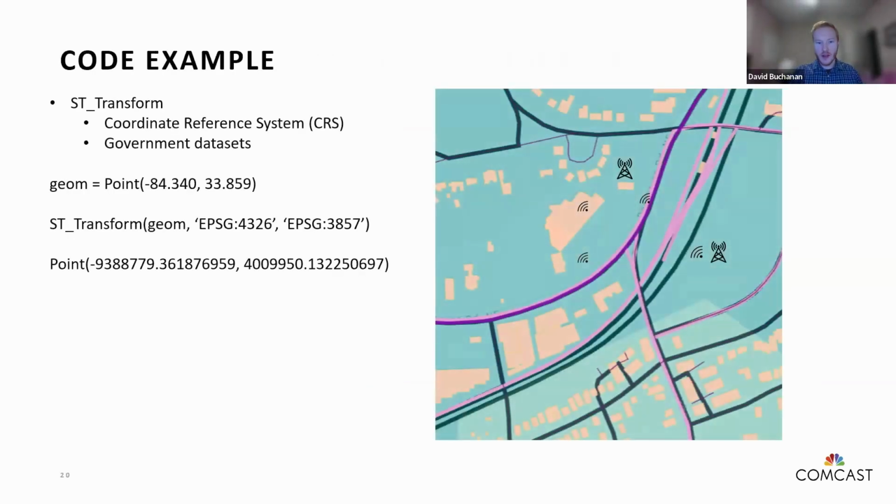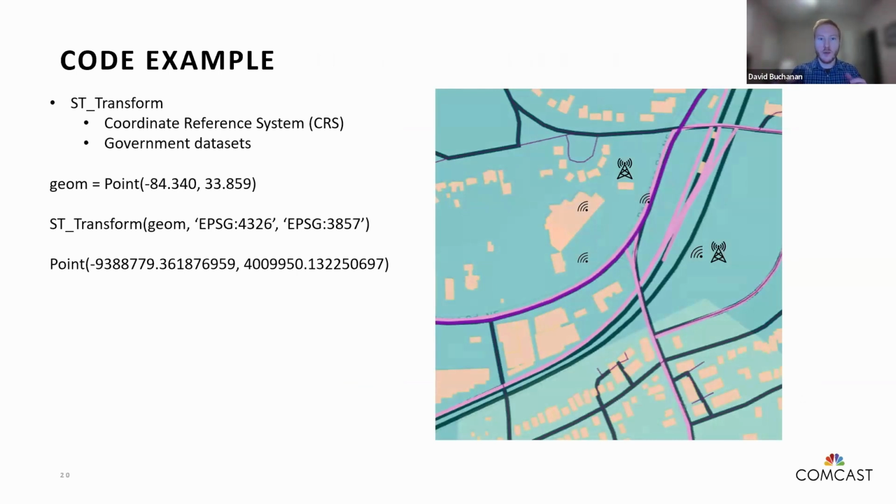So I'm just going to go through a quick code example, back to this favorite location that I have. ST_Transform is a very common step within different types of ETLs. When you're getting data from the government, you might get a different coordinate reference system, or EPSG, that's specific to a geographic location because they're being very accurate.